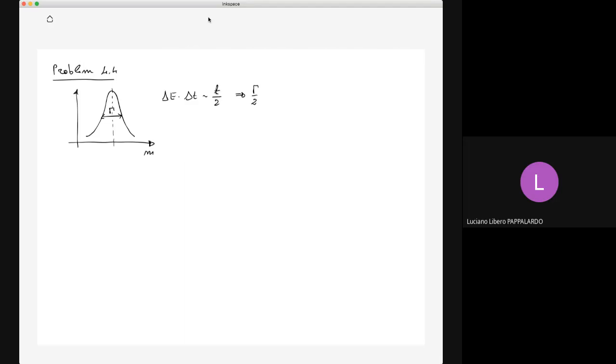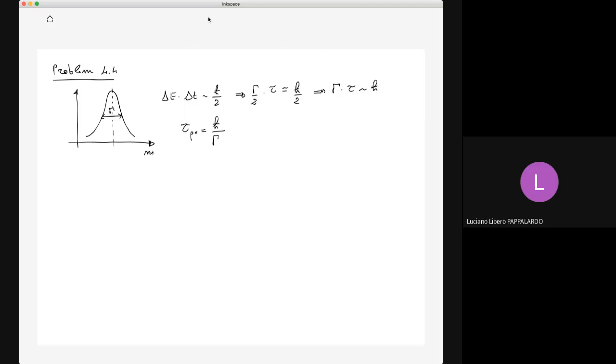Multiplying by the decay time τ is still of the order of ħ divided by 2. So we multiply by 2 and get that Γ times τ is of the order of ħ. We can invert this and obtain the decay time, in this case for the rho meson, which is ħ divided by Γ. We know Γ, and we have to calculate the decay time.